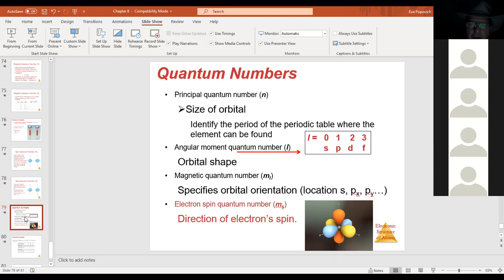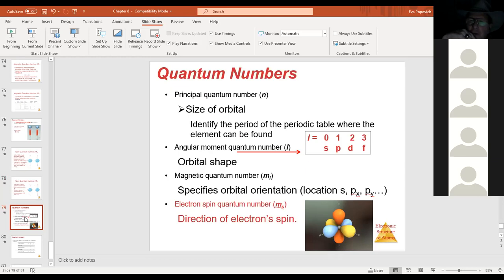L values can be n minus 1 down to 0. So if I am dealing with the first shell, n equals 1, the only possible value for L is 0 because it's n minus 1 down to 0. If I'm dealing with the second, n equals 2, that allows me to have L of 1 or 0.